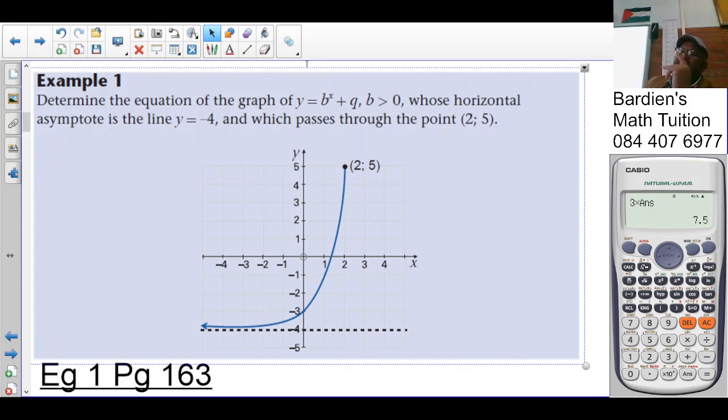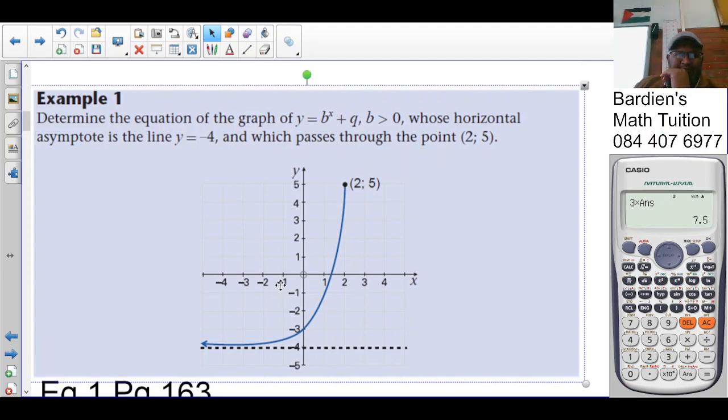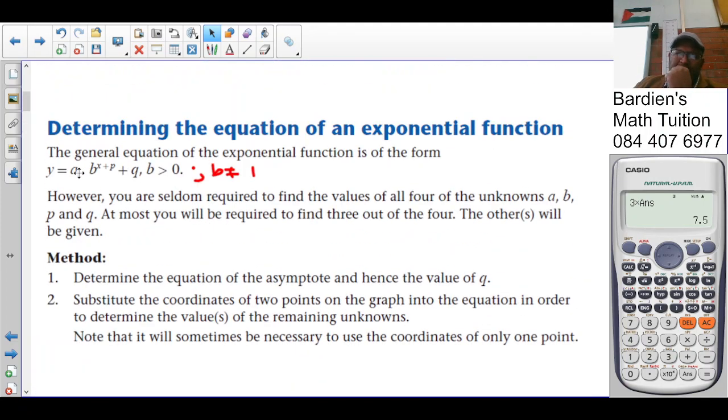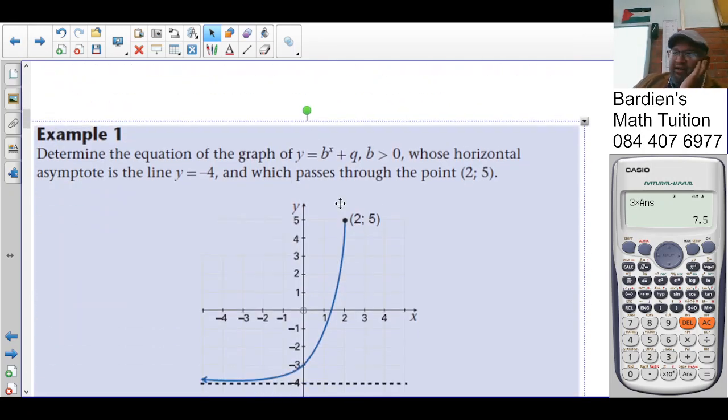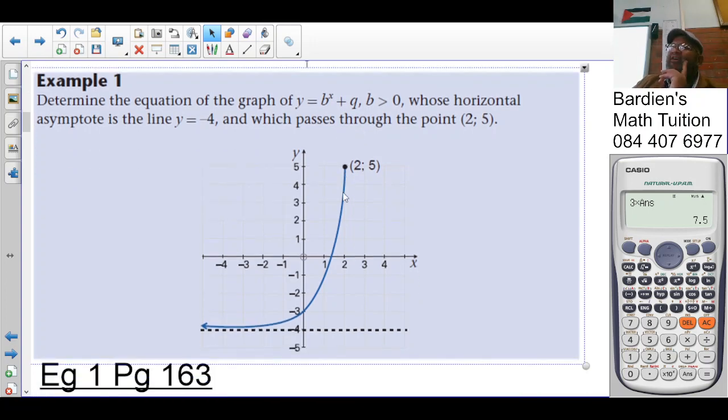So what is your a value here? Remember there was an a in the summary, in the introduction, sorry. What is your a value here? 1. So the a value is given, so you don't need to solve that.